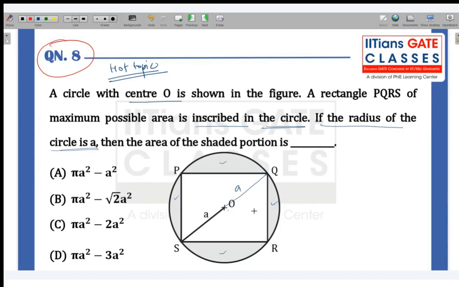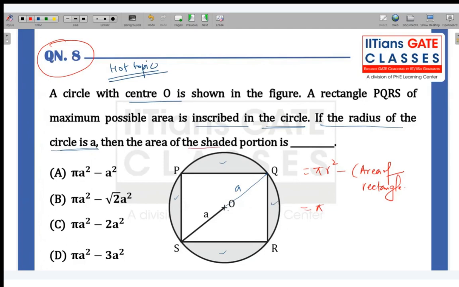What is the area of the circle? The area of the circle is pi r square, minus the area of this rectangle. If we already know the area of the circle, and we subtract the area of the rectangle, we get the area of the shaded portion.